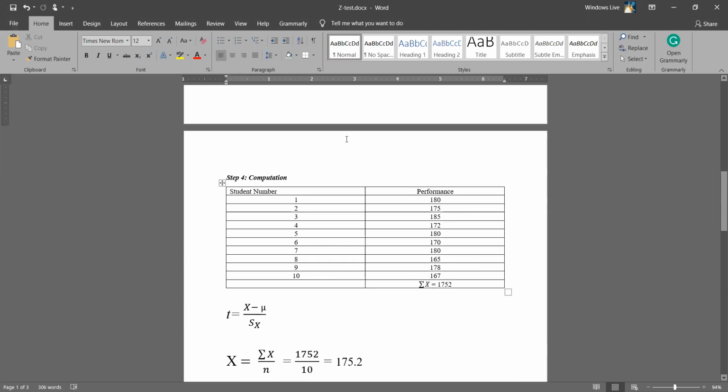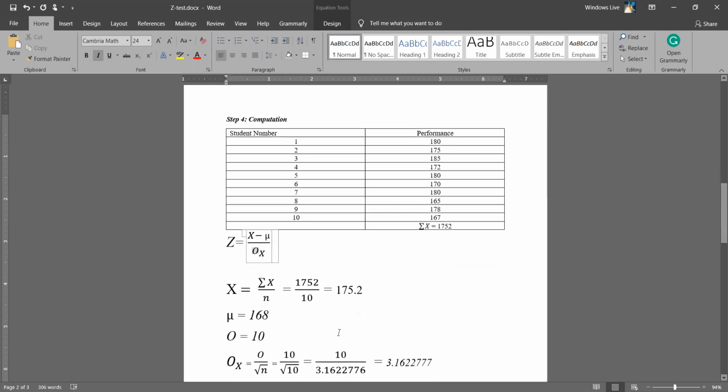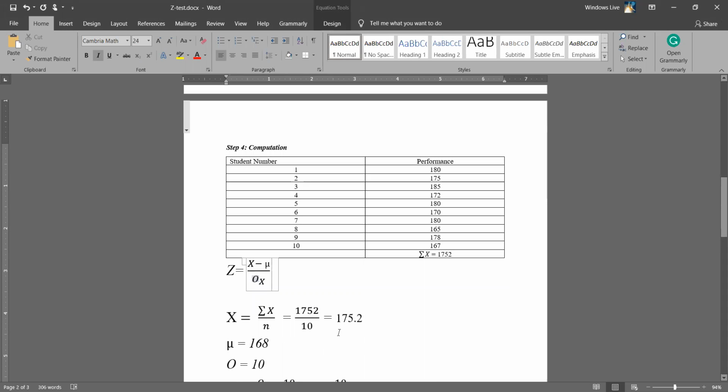And for the one sample z-test, the formula for the z-test is this.